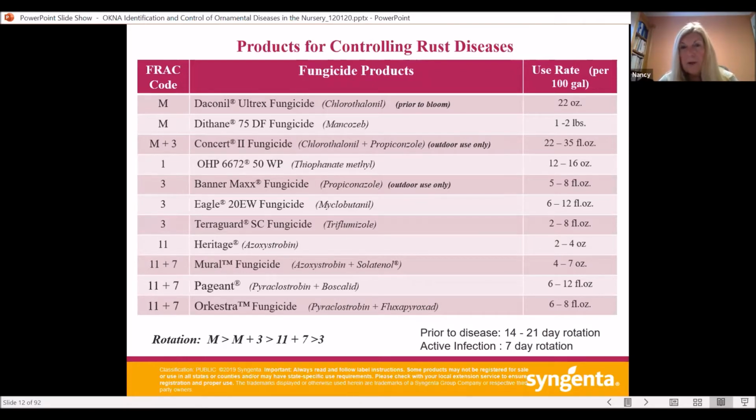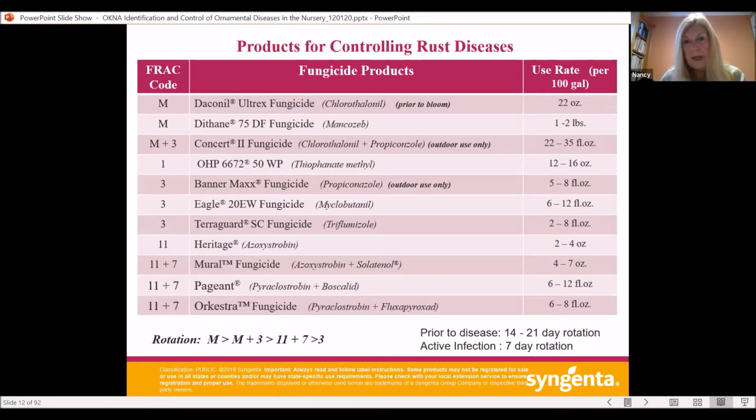Now, prior to having a problem, knowing that you have the right environmental conditions for rust, you can get your fungicide applications on a 14 to 21 day interval. But if you have a problem, that's when you need to shorten that interval down to 7 days.